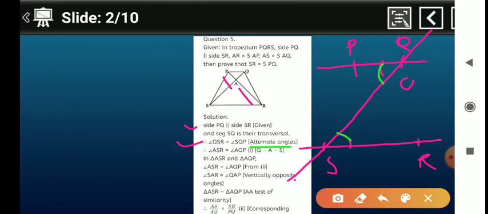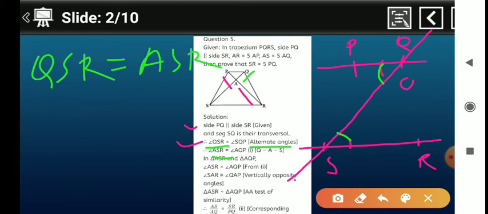Therefore we can write ASR. This angle QSR we can write as ASR because Q and A are on the same line, or are linear points. So QSR is nothing but ASR, and SQP is nothing but AQP.